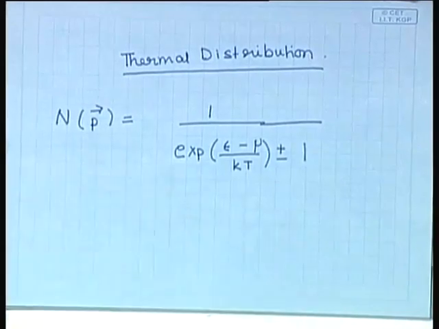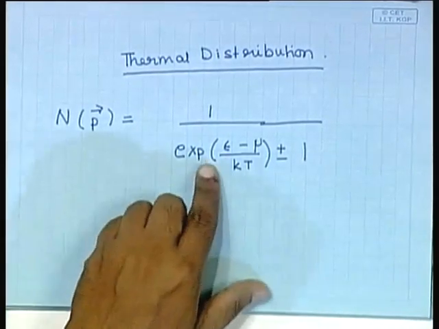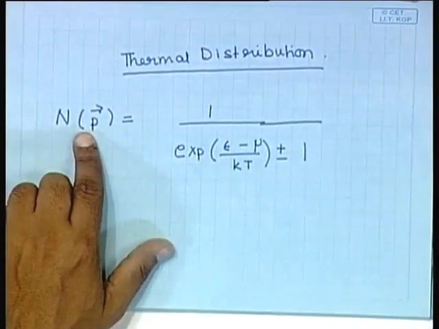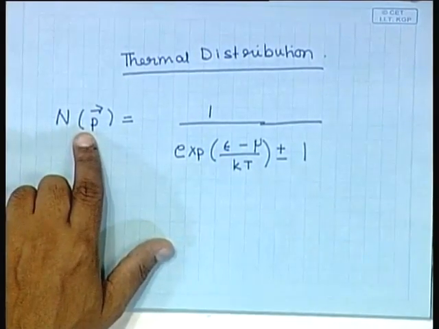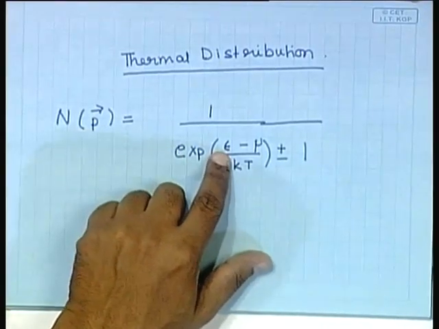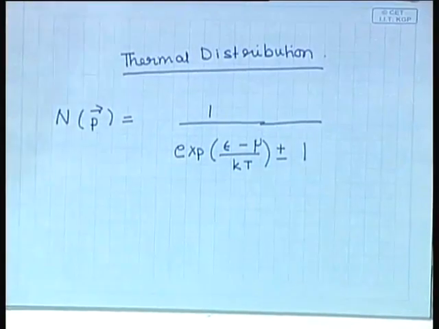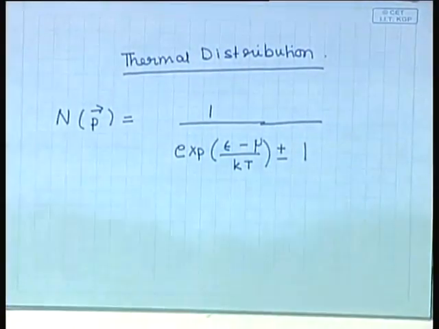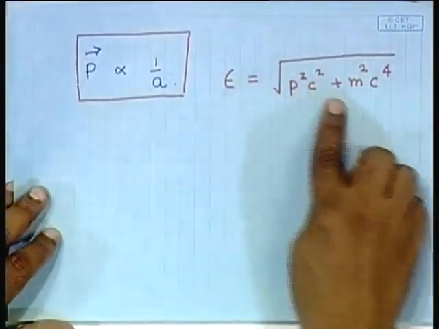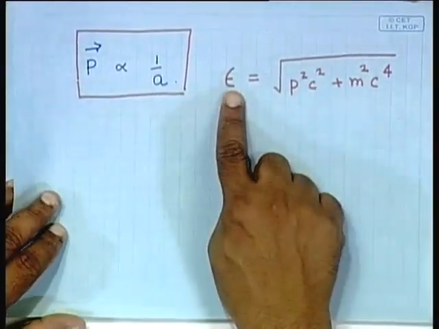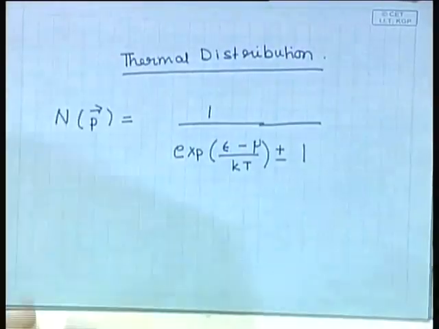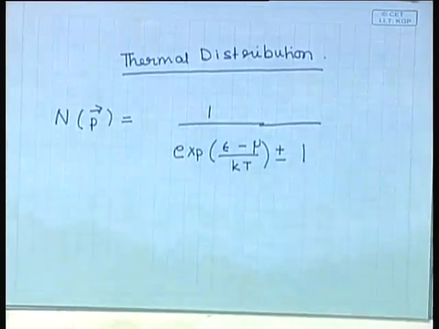So, let me explain the various terms that occur in this. So, epsilon over here is the energy corresponding to this particle with momentum p. Okay. So, if I know p, I can calculate the energy. For a free particle, we know how to calculate it. I just wrote down the expression, it is given over here. Right. So, I know how to calculate the energy in terms of the momentum. Okay. Now, this mu is the chemical potential.